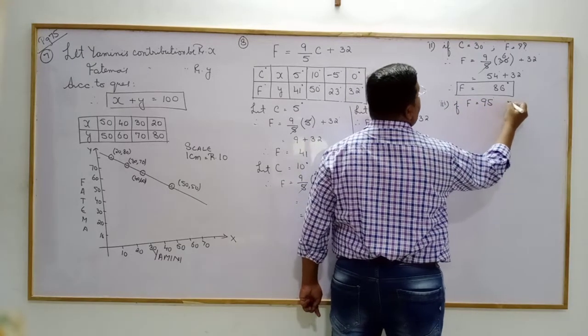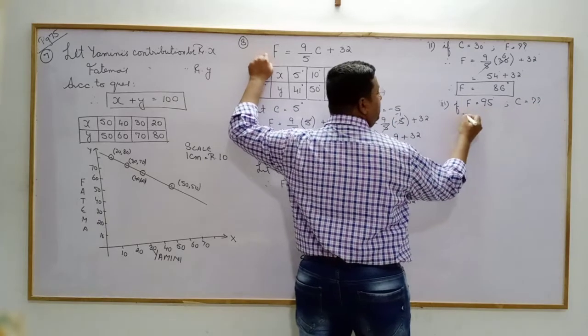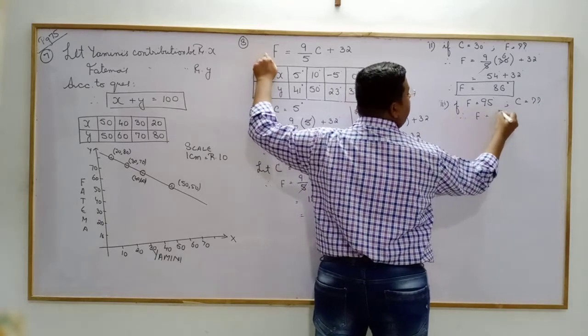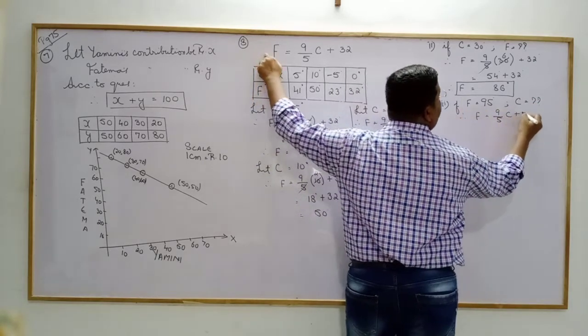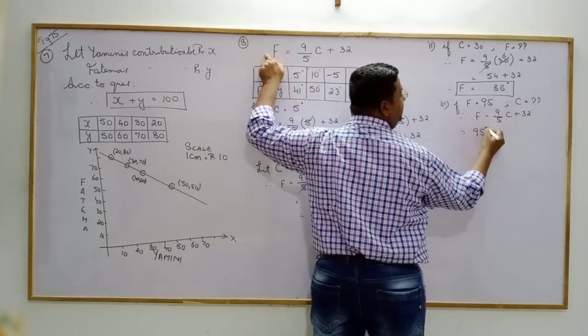Third part: if the temperature in degree Fahrenheit is 95, then what is degree Celsius? Substitute again. So F is equal to 9 by 5 into C plus 32. So transpose. F is 95.